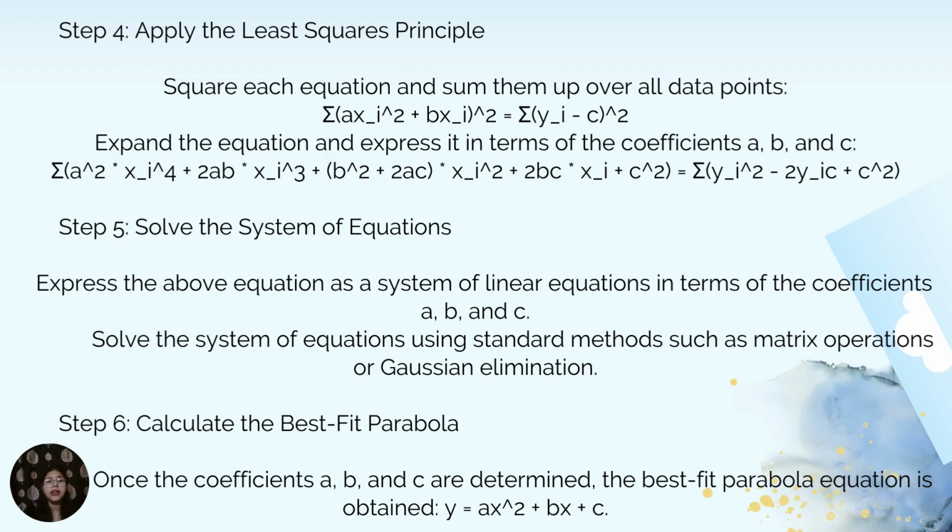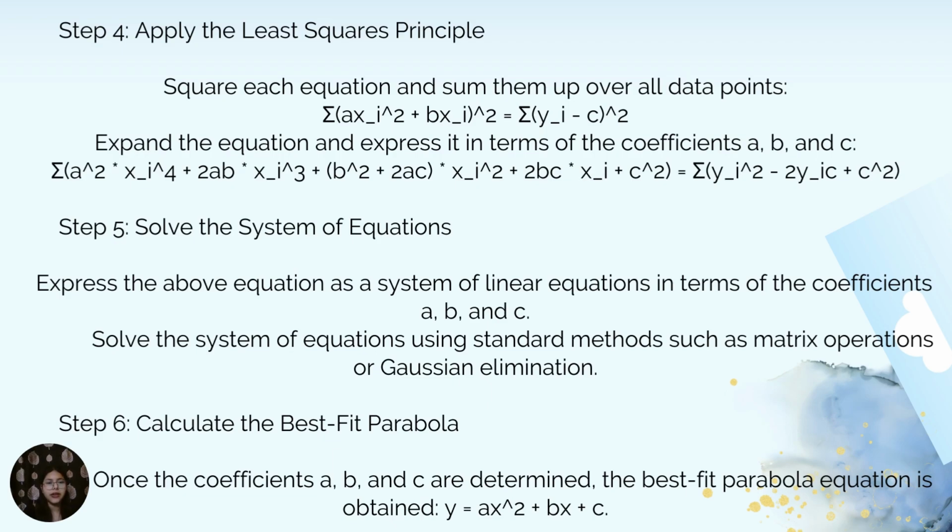Step 4. Apply the least squares principle. Square each equation and sum them up over all data points. Summation of a xi square plus b xi whole square is equal to summation of yi minus c whole square. Expand the equations and express it in terms of the coefficients a, b, and c.